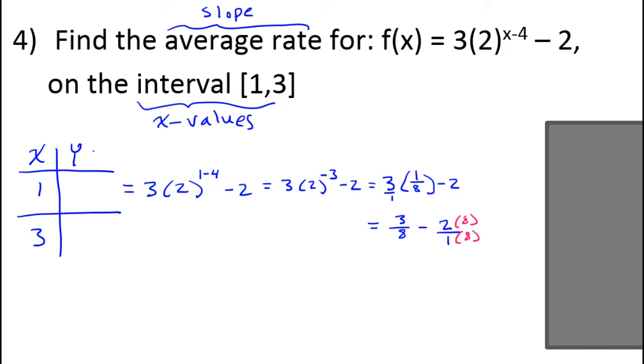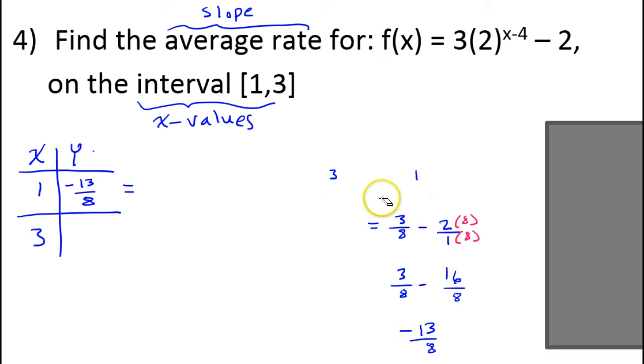So now you have 3/8 minus 16/8. So this is going to be negative 13/8. So that is the y value that we just found. So we have the point 1 comma negative 13/8. Okay, quite an ugly number there.